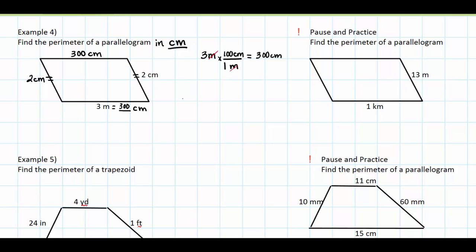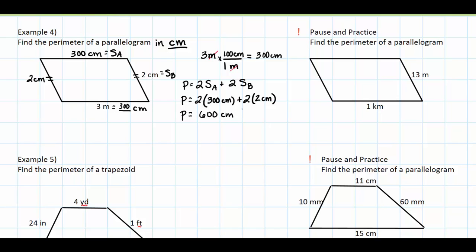So to find the perimeter, we take 2 times side A plus 2 times side B. Let's call this one side A and this one side B. So this perimeter is 2 times 300 centimeters plus 2 times 2 centimeters.